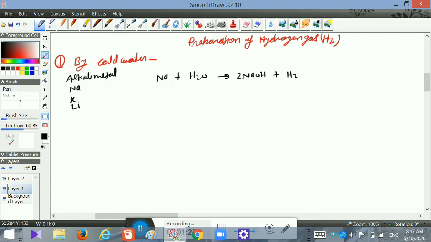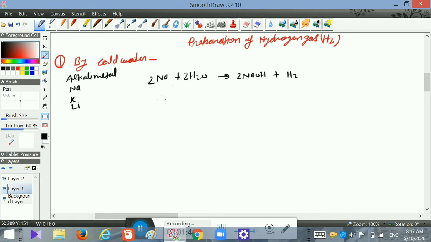Here you will put 2 and here 2. So in this way you can form the hydrogen gas.